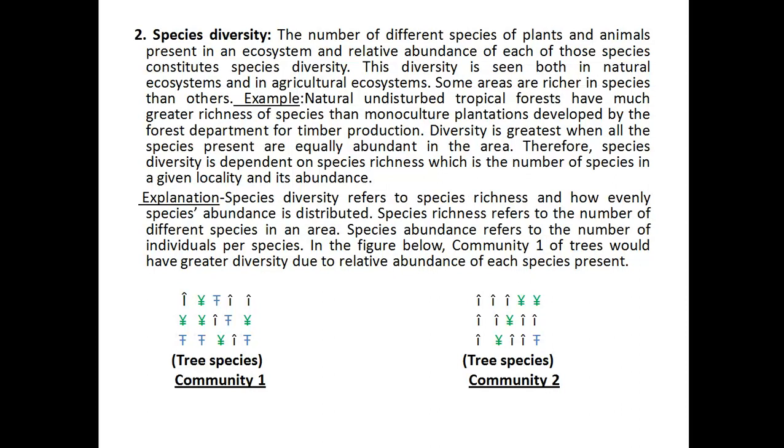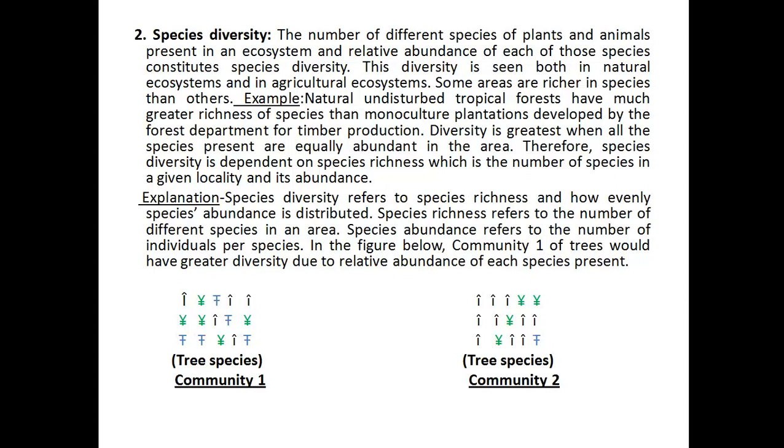Therefore, species diversity is dependent on species richness, which is the number of species in a given locality, and its abundance. Explanation: species diversity refers to species richness and how evenly species abundance is distributed. Species richness refers to the number of different species in an area.